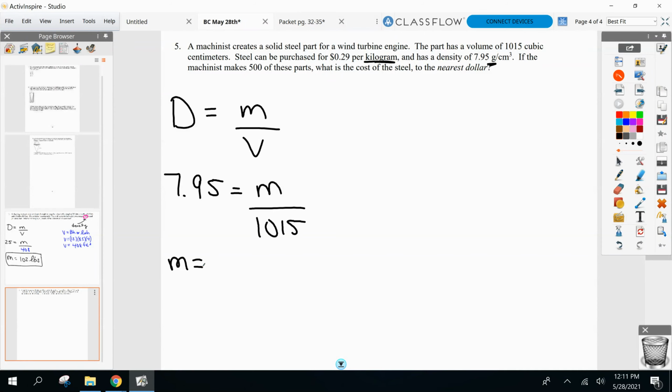Mass. 8,069.25. What's the mass in here? Go back to your density. What's this in? Grams, right? Grams, because that's what the density was in. But that does me no good because how are they charging me? Per kilogram. So now we need to convert this to kilograms. How? That's your call.